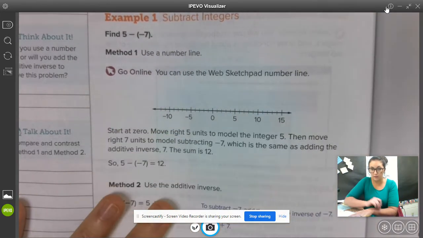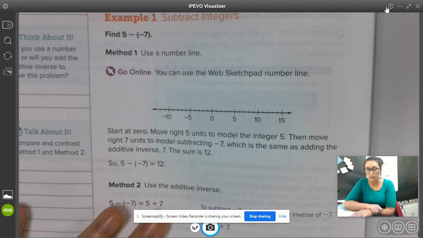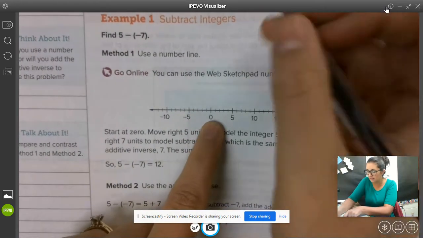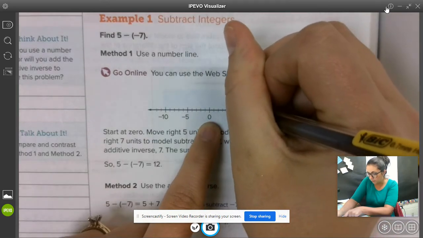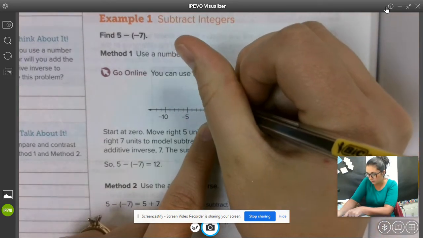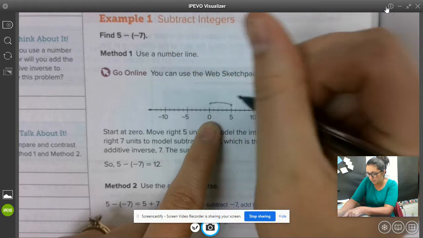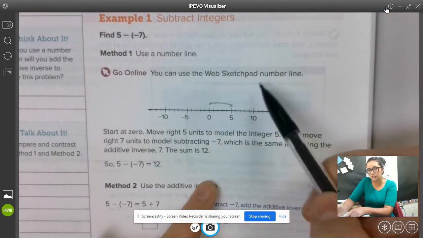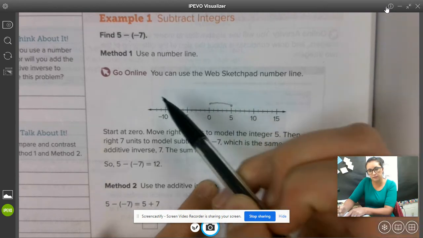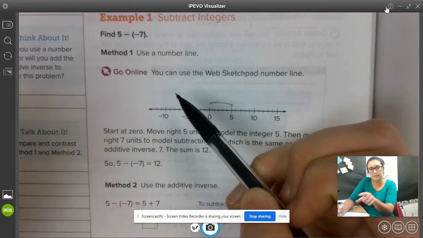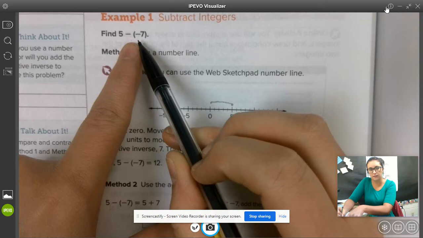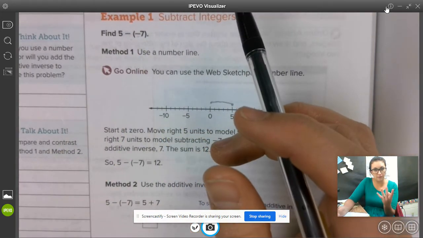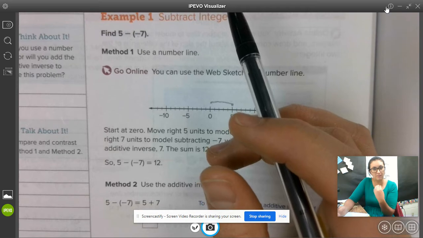Well, that looks weird. The way I think about this is I start at 0. I'm going to go over 5 first. There's my +5, right? Now look, the next thing is subtraction. Subtraction's to the left, right? But it's negative. It's a -7. Negatives are considered opposites, the additive inverses.